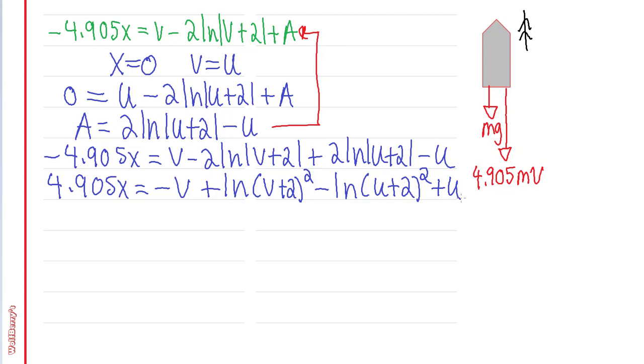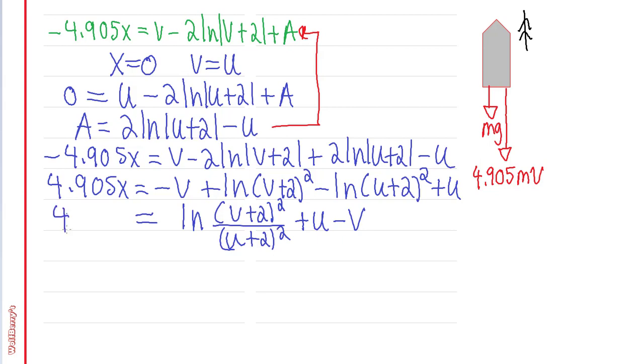Now, let's use the laws of logarithms again to combine the two lns. We're going to have ln (v plus 2) squared divided by (u plus 2) squared, plus u minus v. And this side will remain unchanged.